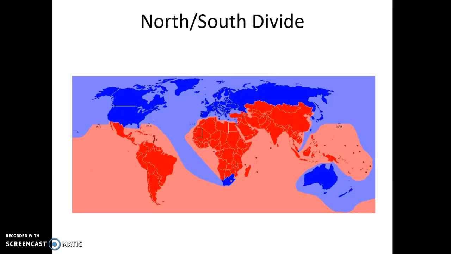North-South divide. The countries to the north are seen as our developed countries, our more economically developed countries, and the countries to the south would be our less economically developed countries. This line is getting fuzzier and fuzzier as we move on.